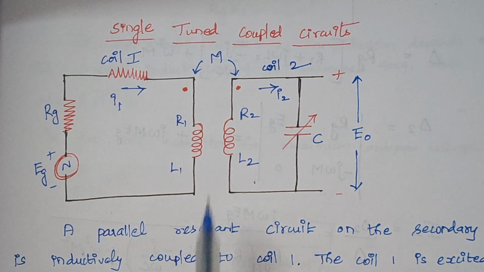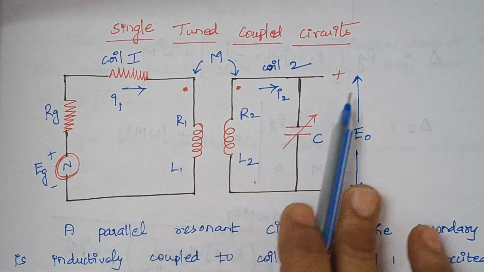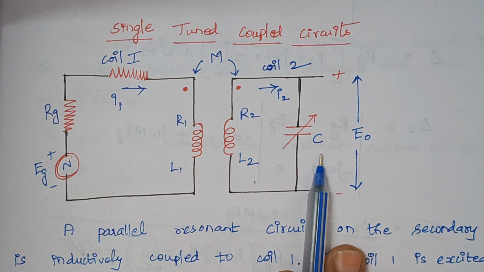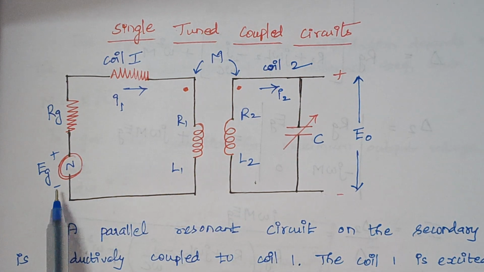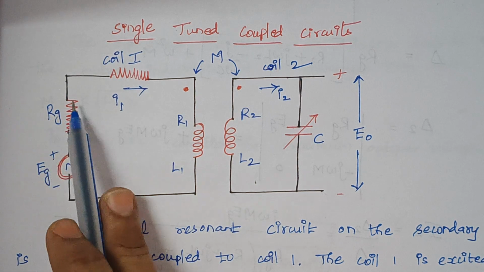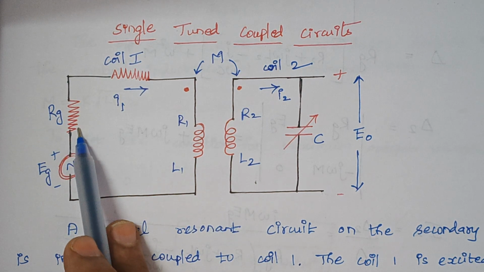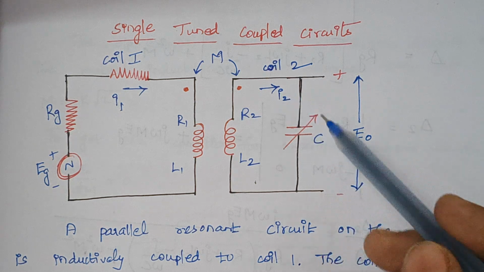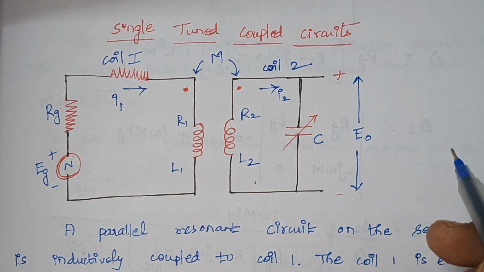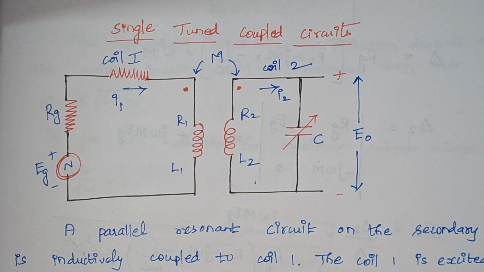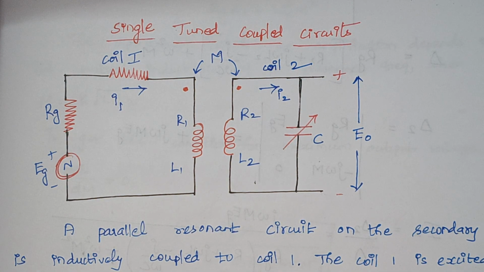So here this is your coil 1 and this is your coil 2. Coil 1 has a source voltage EG and there is a source resistance RG, and there is a variable capacitor C. Since we have a capacitor on only one coil, this is said to be a single tuned coupled circuit.